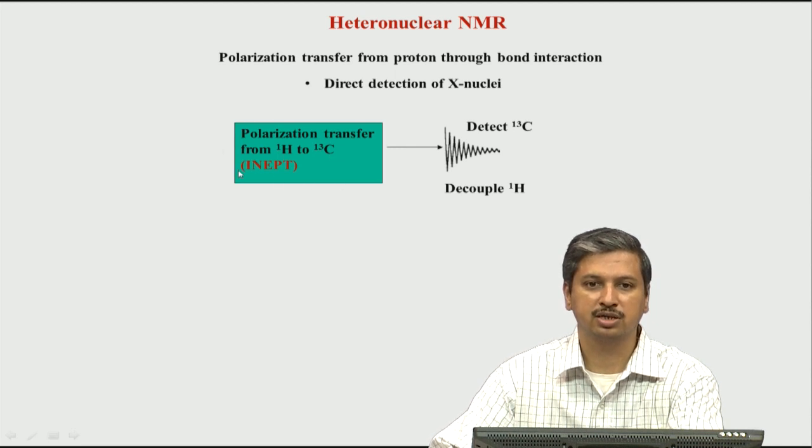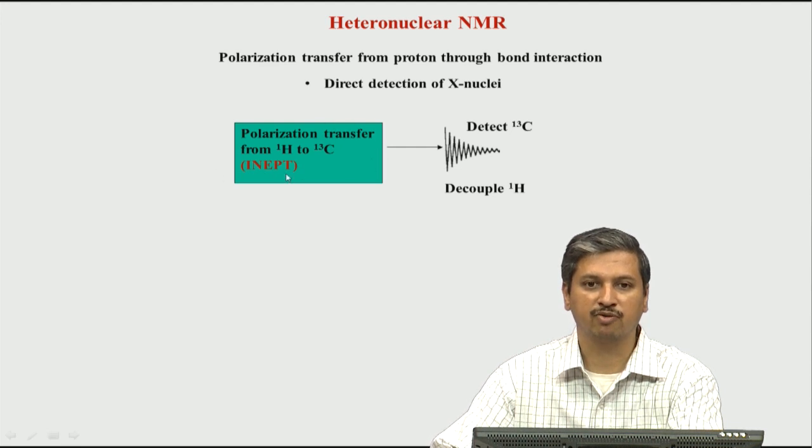As I said, this is not just a block, it consists of a sequence of pulses. A sequence of pulses together constitute a block which we call INEPT. We will see the picture of INEPT a little later, but as I said we will not go into detail of how this sequence of pulses achieves the transfer. So, let us assume that it does it somehow.